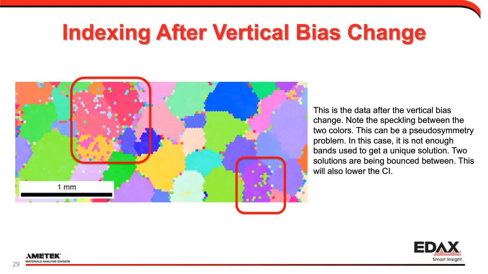Now, this could be a pseudosymmetry problem. In this case, it's not that. It's that I don't have enough good bands to give me a unique solution. So 2 solutions are being bounced between. And when I actually do this work and you look at the CI map, you'll see that the CIs are artificially low because it's bouncing between these 2 solutions.